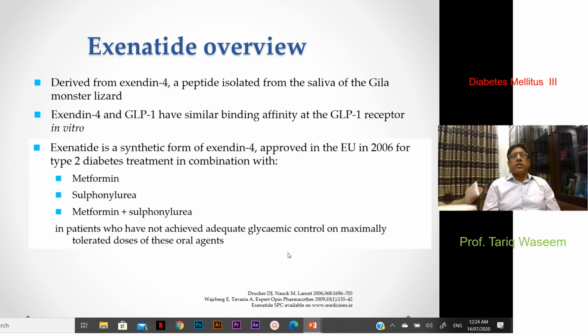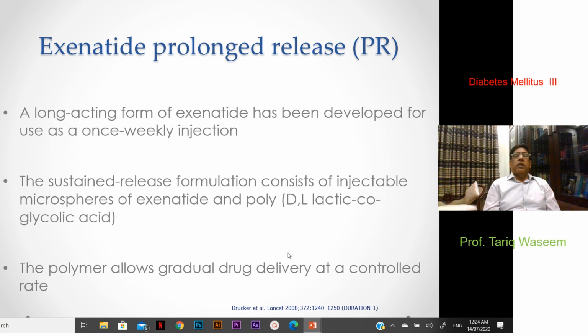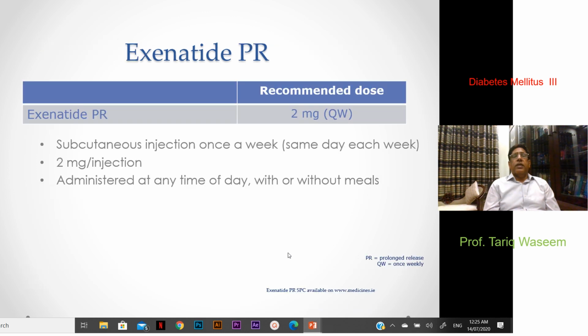Exenatide is an externally derived GLP-1 agonist, and again it is used in a dose of around 5 microgram twice a day to 10 microgram twice a day. Again, this is an injectable form. There is a prolonged release formulation also available, where you can go for a subcutaneous injection once a week.